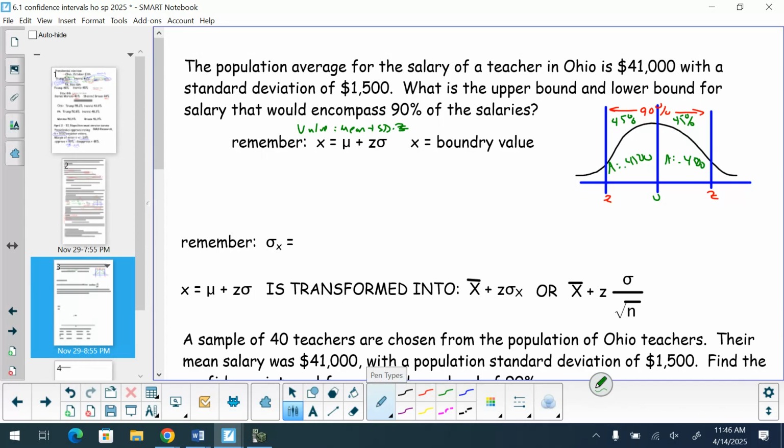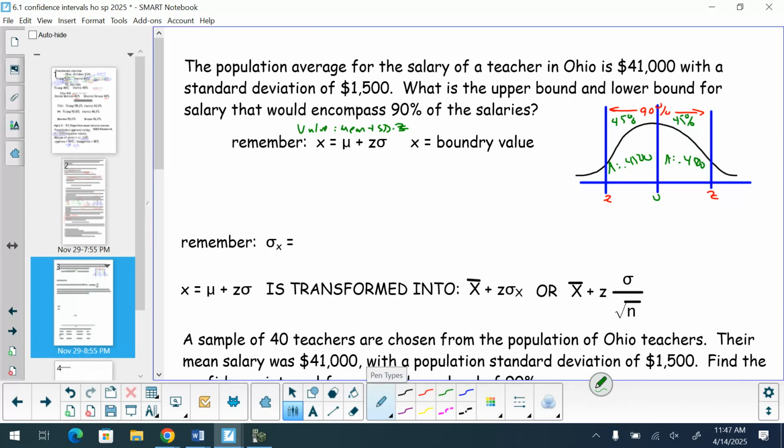And then we looked at the body of our z-table, and we searched for 0.4500, and we were exactly in between 1.64 and 1.65. We have 0.4495 and 0.4505, and we're halfway in between those.